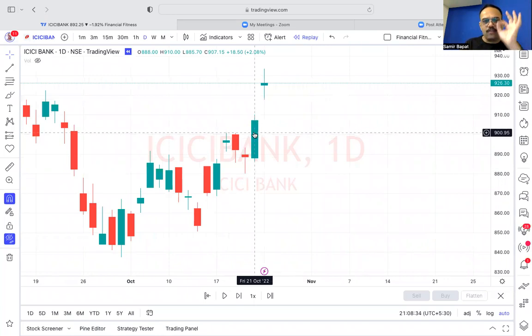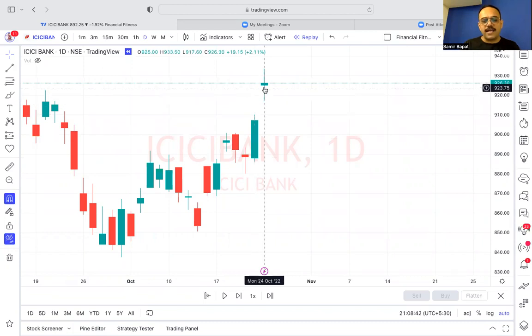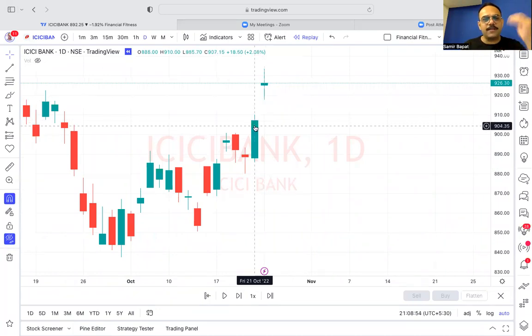of the candle for 21st October 2022. The high is 910. Next day, 24th October, Monday, the candle opened, it did all the dance. The lowest point was 917.60. So the highest point the previous day was 910.